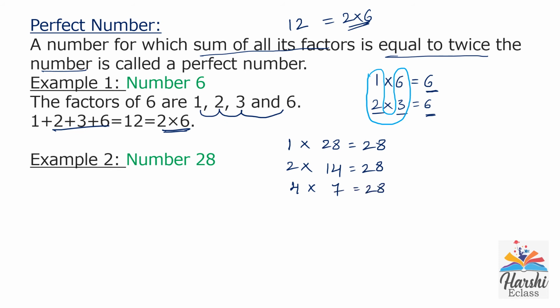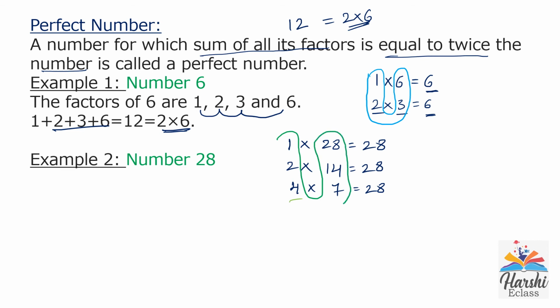Next, 5 and 6: in the 5th table and 6th table, 28 is not going to come. If we divide by 5 and 6 we will get some remainder. 7 fours are 28. But here 7 and 4, these two numbers are already there. Repetition started. Once the repetition of the numbers starts, we stop writing the factors. That means the factors of the number are already written, completed.